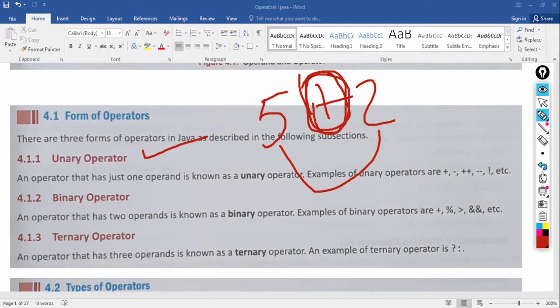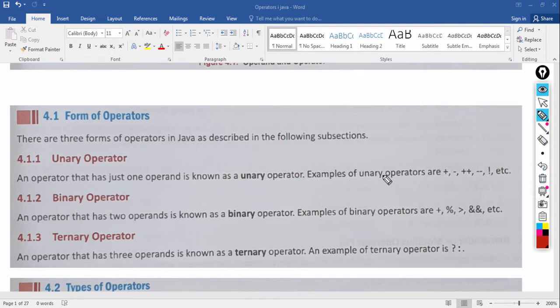Similarly, there are some operators which require just one operand. When there is just one operand required for a particular operator, that is known as a unary operator. Some examples are plus, minus, plus plus, minus minus, and this exclamation mark, which is actually the logical not operator.